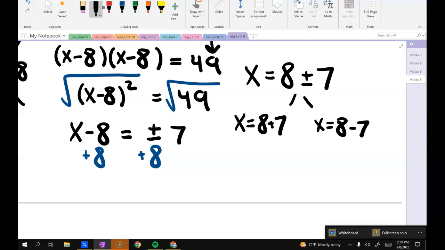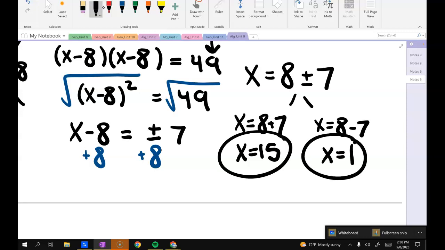So then you're going to get two answers out for x. x is equal to 15, or x is equal to 1. Because if you were to plug either 15 or 1 into your original, both sides would equal each other.